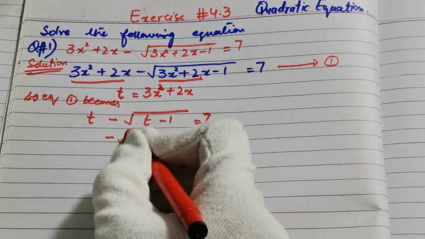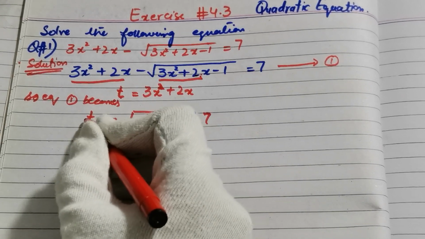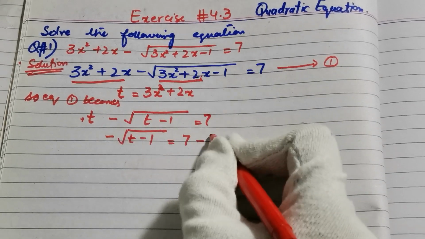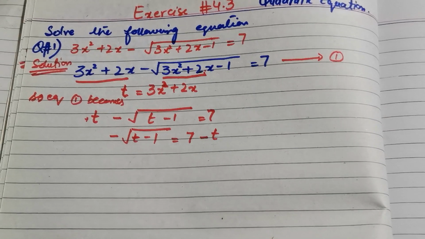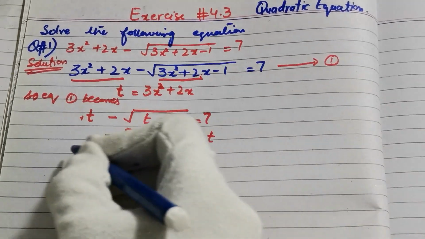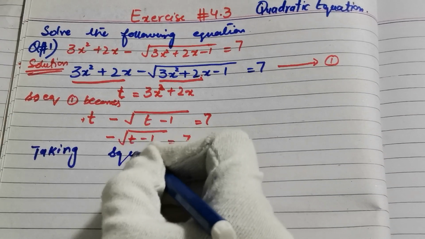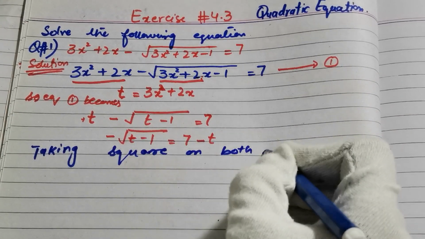Now minus under root t − 1 as it is, and we take this t in the right side, positive t becomes negative t. Now taking square on both sides.